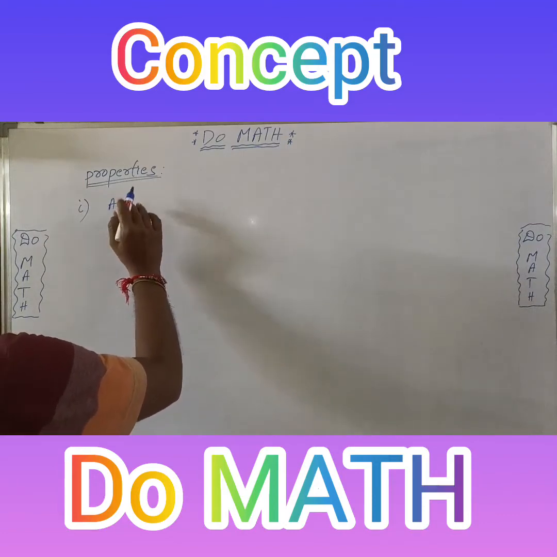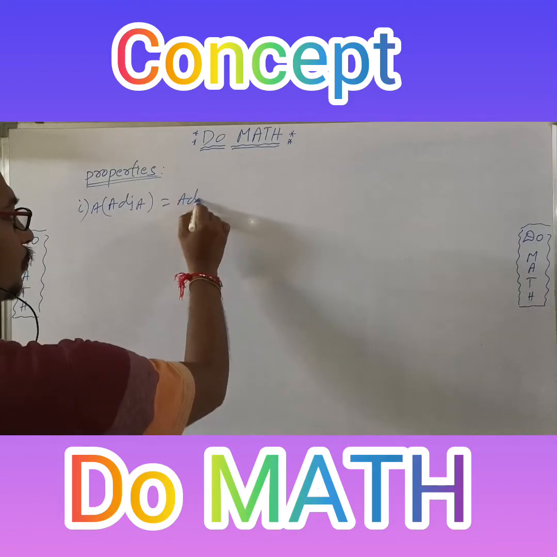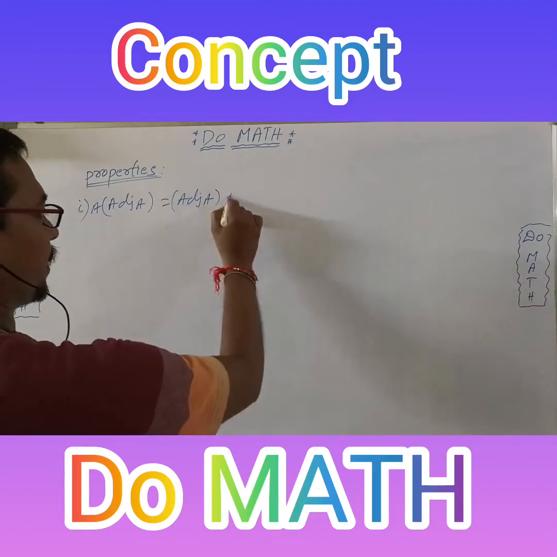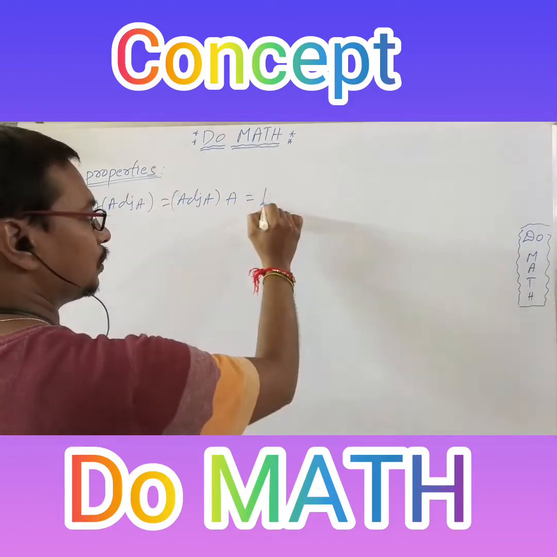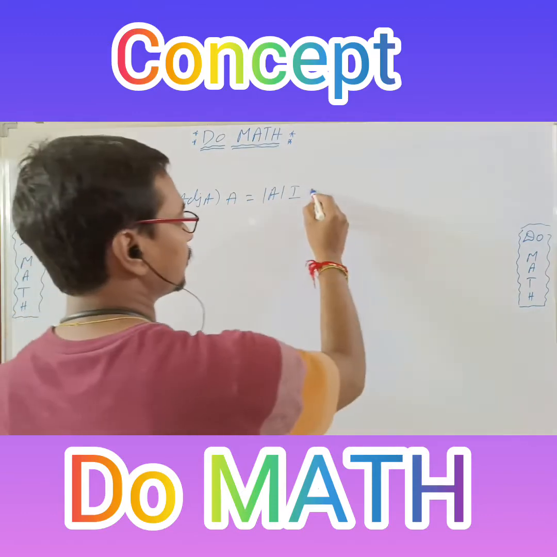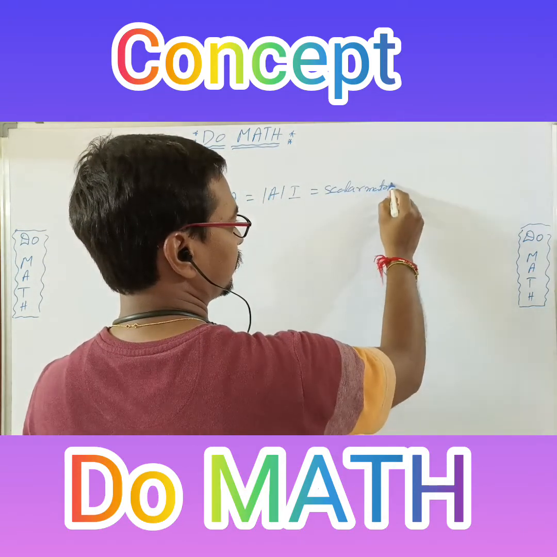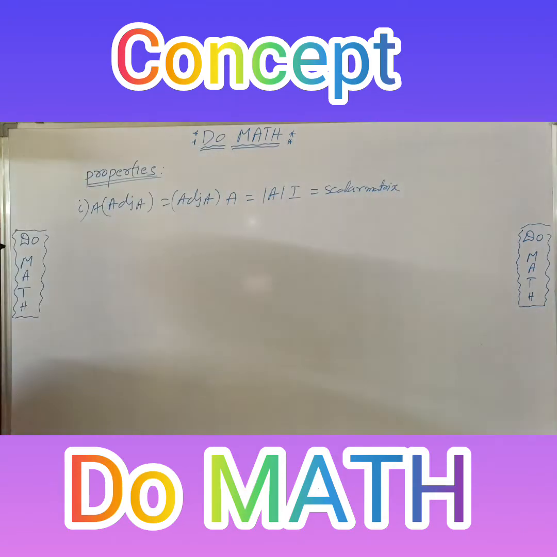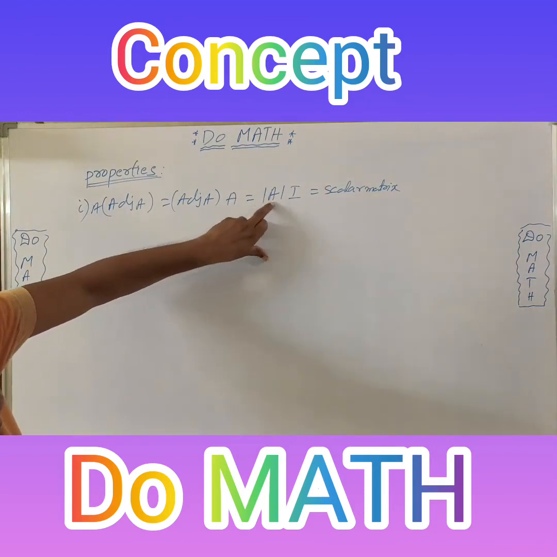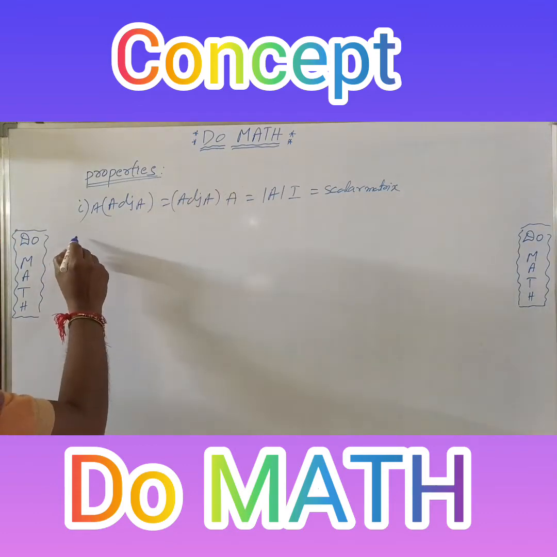A into adjoint A equal to adjoint A into A is always a scalar matrix, which is det A into I. Scalar matrix means non-diagonal elements are 0 and diagonal elements are all det A. So always a scalar matrix.